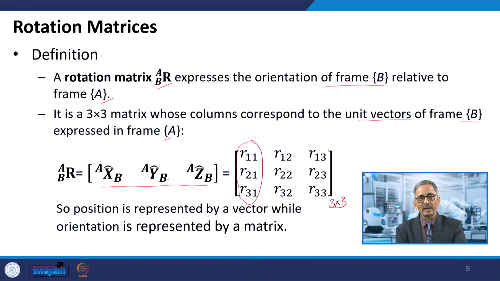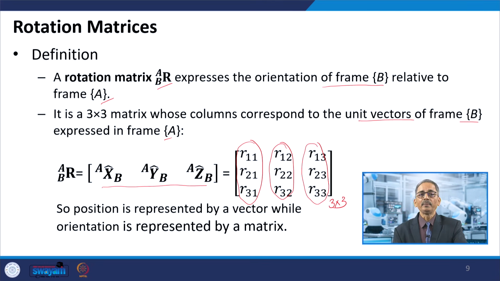Similarly, the projection of YB along frame A, that is in the direction of XA, YA, ZA, I can represent like this. Similarly, the projection of ZB along the axes, I can put it like this.